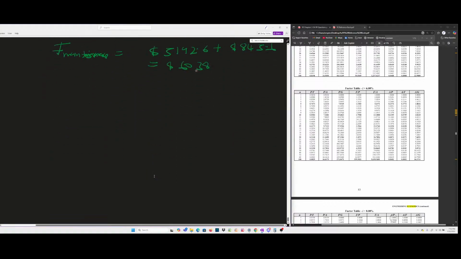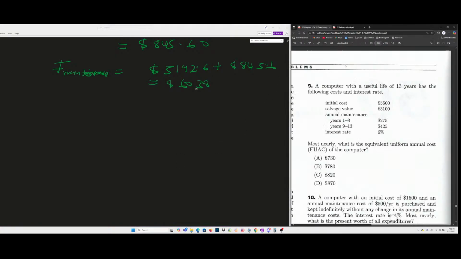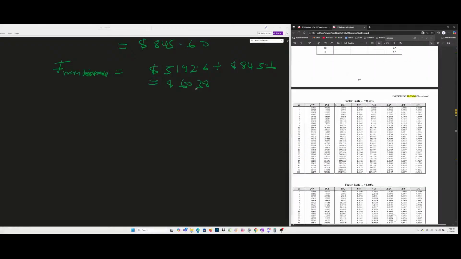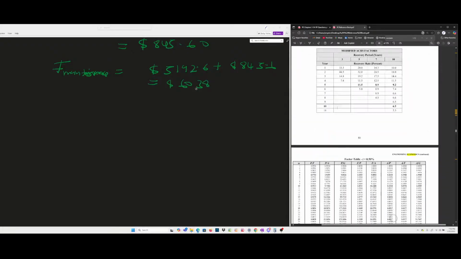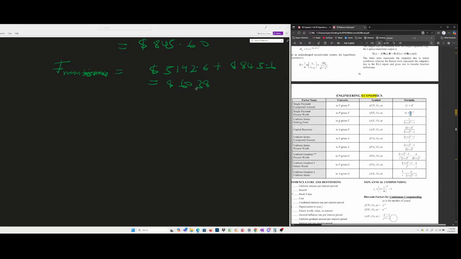Okay. Now we have this future maintenance. We're now going to convert this future maintenance value to the annual maintenance cost. If we're converting the future value to the maintenance cost, that means we're going to come back again and use this formula.